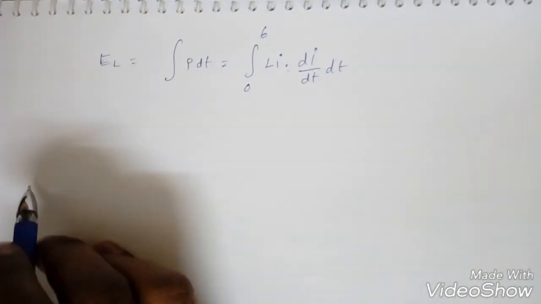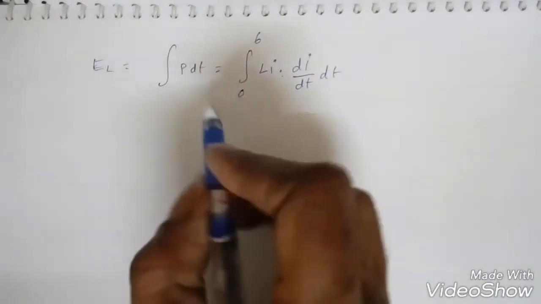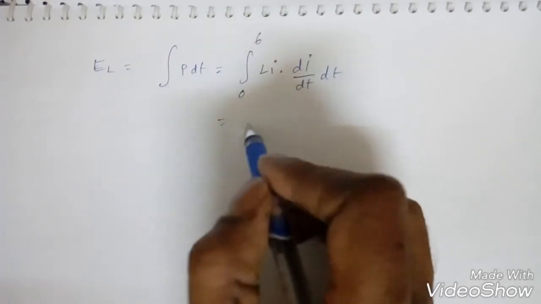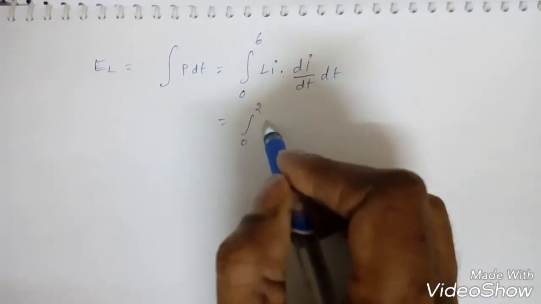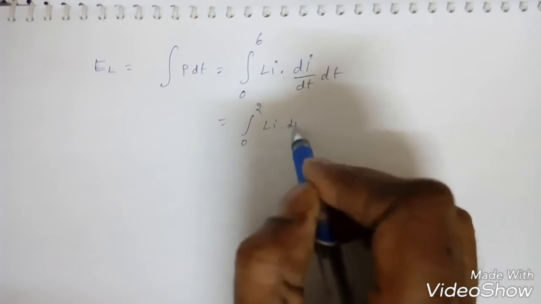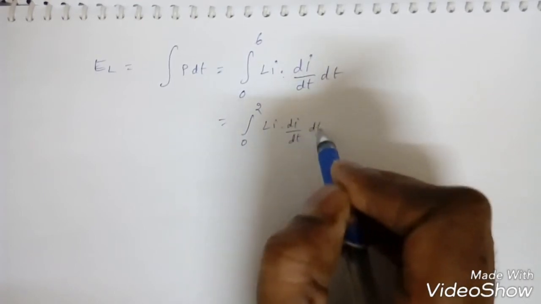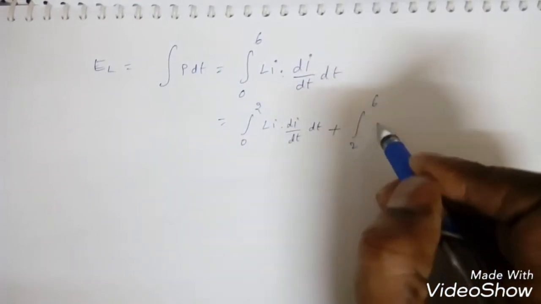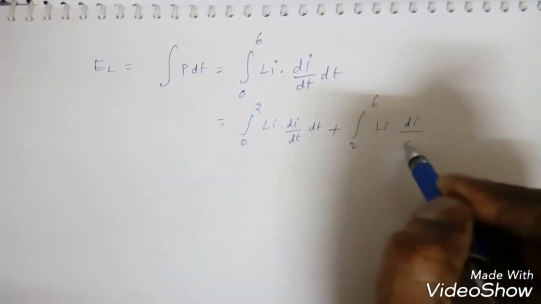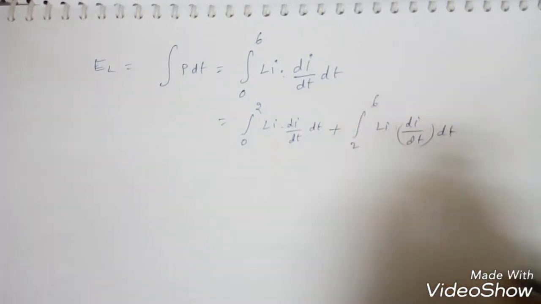Now we know the current expression, so this integral will be divided into two parts: 0 to 2, Li di by dt into dt, plus 2 to 6, Li di by dt into dt.